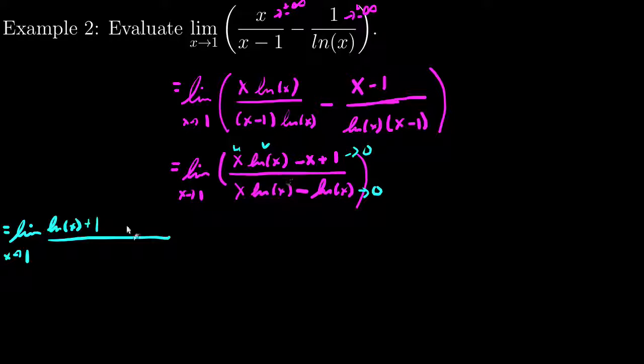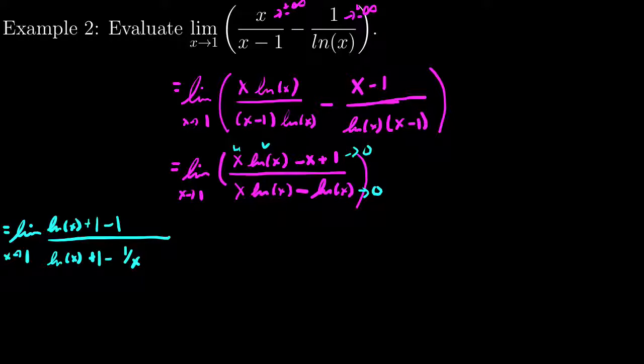I'll take the derivative of this, which is minus 1, take the derivative of that, which is plus 0. I'm not even going to write it. We just did the derivative of x natural log of x. That's natural log of x plus 1. And the derivative of natural log of x is 1 over x, so I have minus 1 over x.